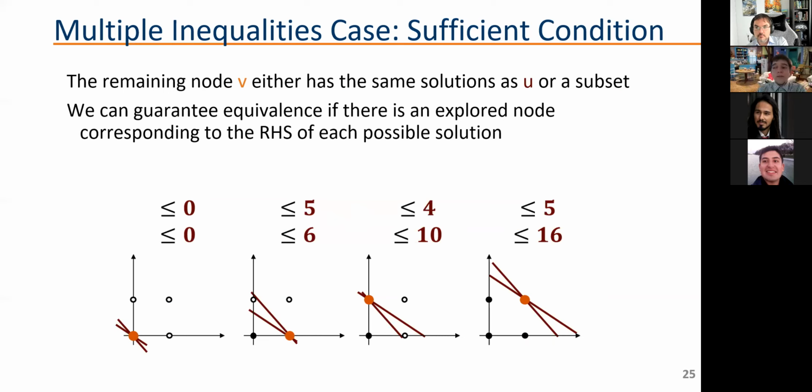Now, this is not very efficient, but this was the only sufficient condition that we could establish that could help us make sure that these potentially equivalent nodes are indeed equivalent or not. And because we have to generate all of these nodes ahead of time in a bottom-up fashion to make sure that there is equivalence, we can only do this for the last layers of the decision diagram, which in any case is where most of these symmetries are going to be detected and where we have more potential to merge nodes.